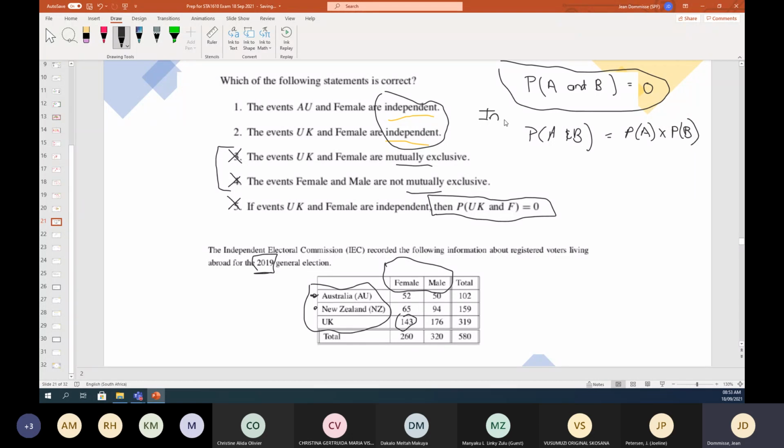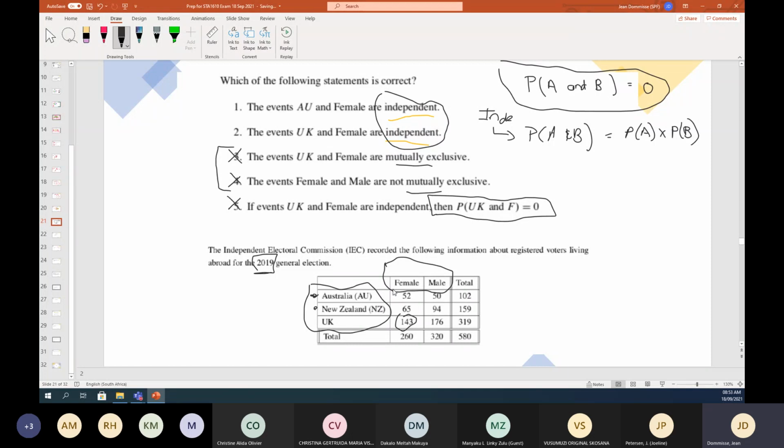So for something to be independent, that is the rule: your probability of A and B is equal to your probability of A times your probability of B. So let's look at these two questions. Events AU and female are independent.